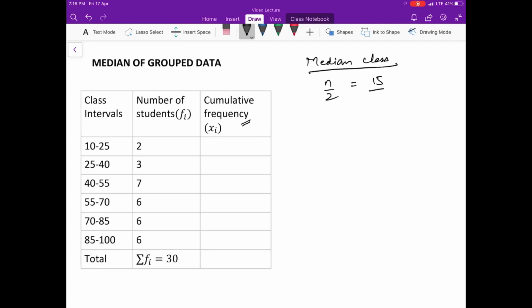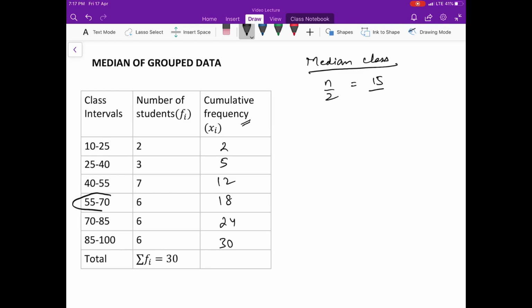So first we will calculate the cumulative frequency: 2 plus 3 is 5, plus 7 is 12, plus 6 is 18, plus 6 is 24, plus 6 is 30. So this is the cumulative frequency. Now the median class is the class which has cumulative frequency just higher than 15.